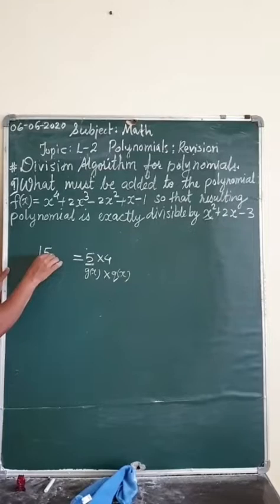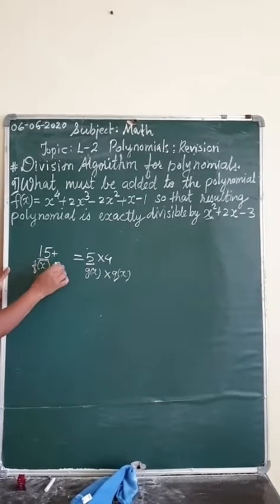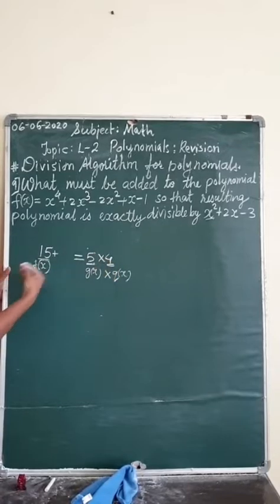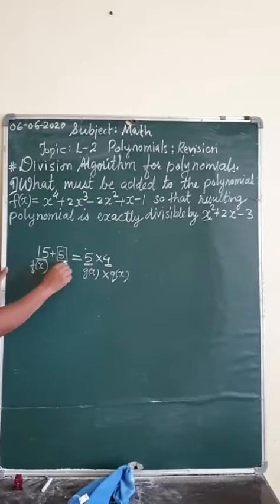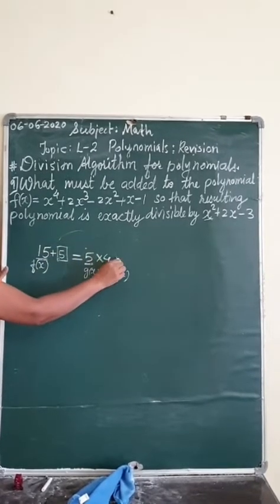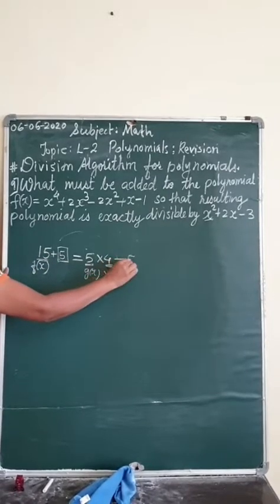What should be added over here so that it will be exactly divisible by 4 or by 5? That means here 5. So here if you bring this side in the division lemma, it becomes minus 5.